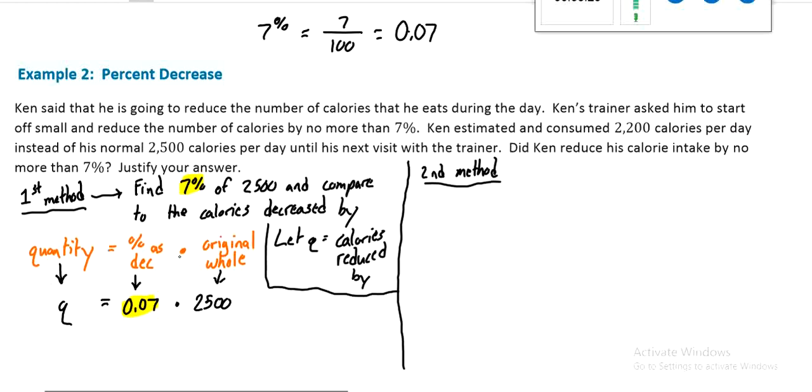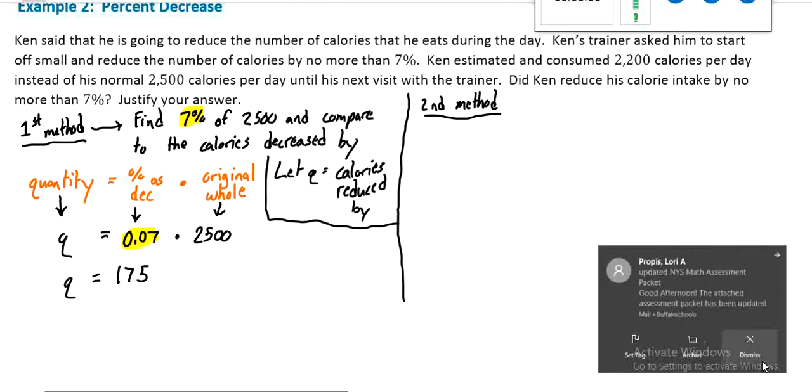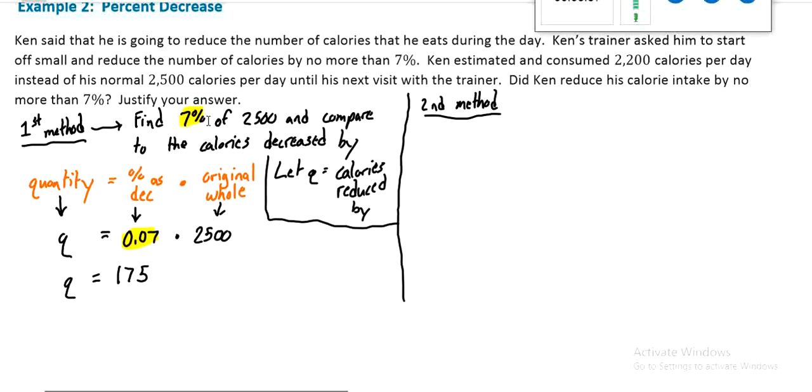So our quantity stands for the actual number of calories. Right here's the math with how we're going to find 7% of that. All right, so one more step to do. Q equals, now we just got to do 0.07 times 2,500. You will get 175. So remember, that's the number of calories that we would have reduced his diet by if he followed this no more than 7% guideline.